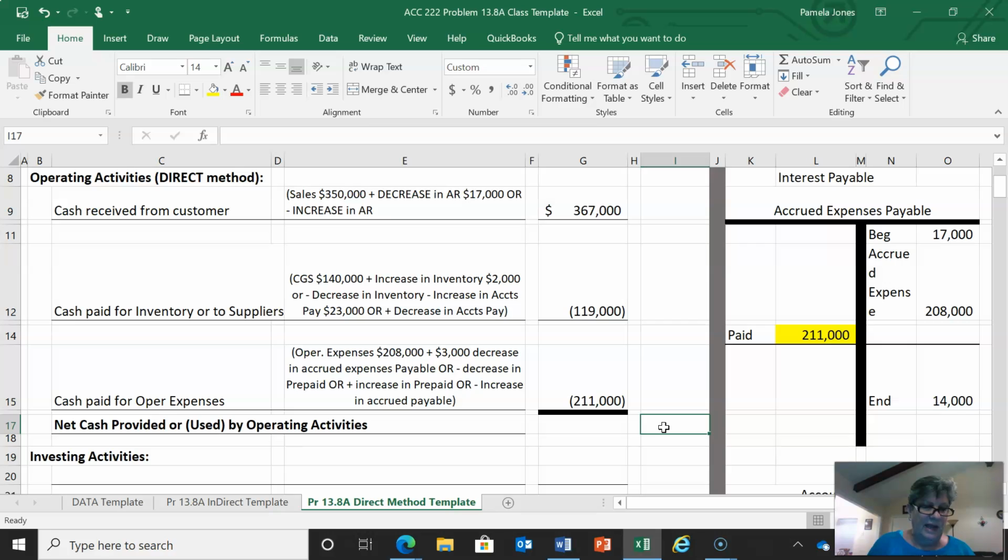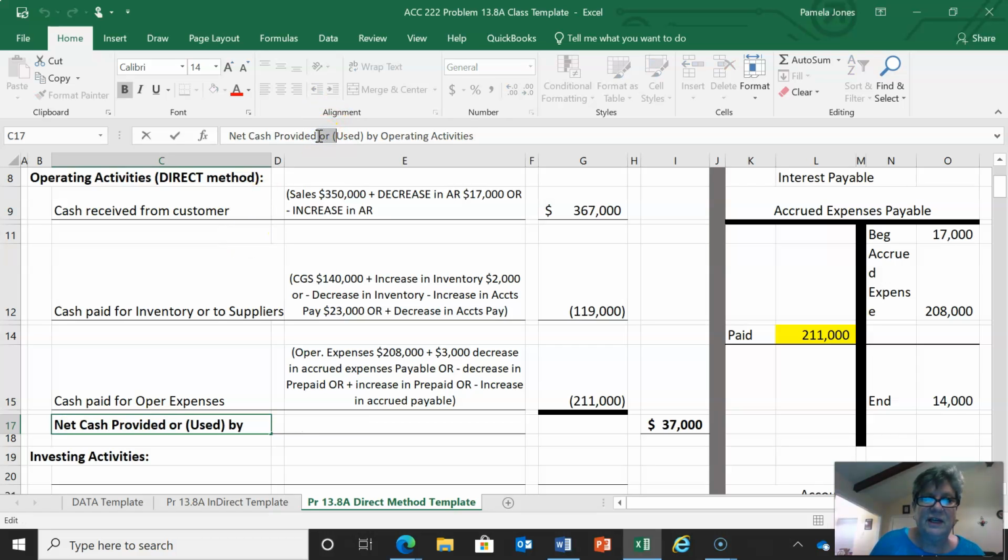So let's just do the math real quick. 367 minus 119 minus 211. Our net cash is a positive amount of $37,000. So that is net cash provided by operating activities.